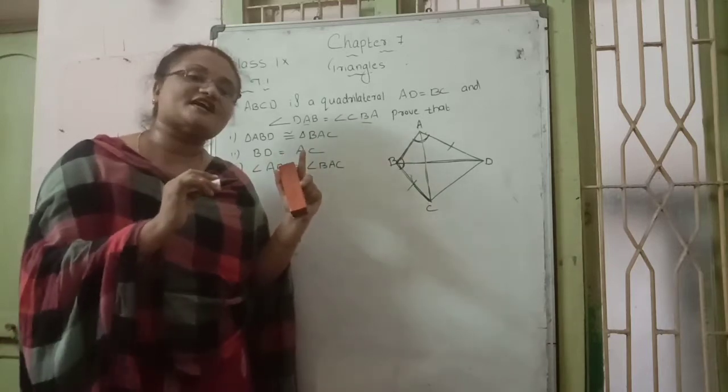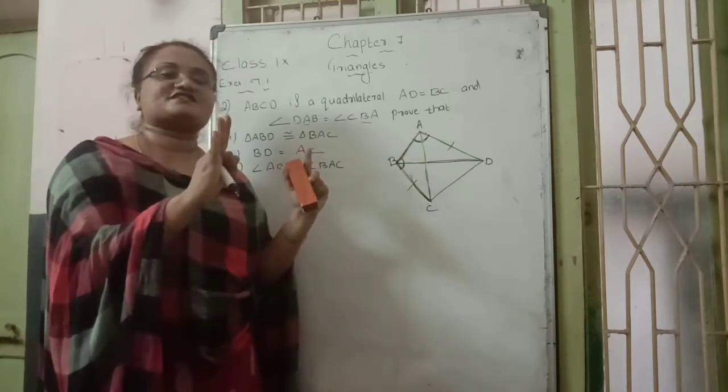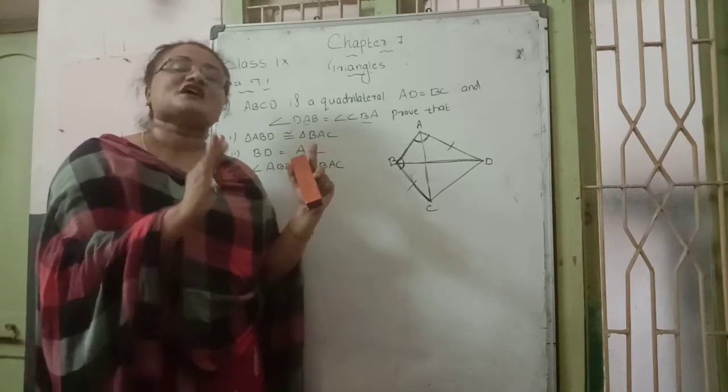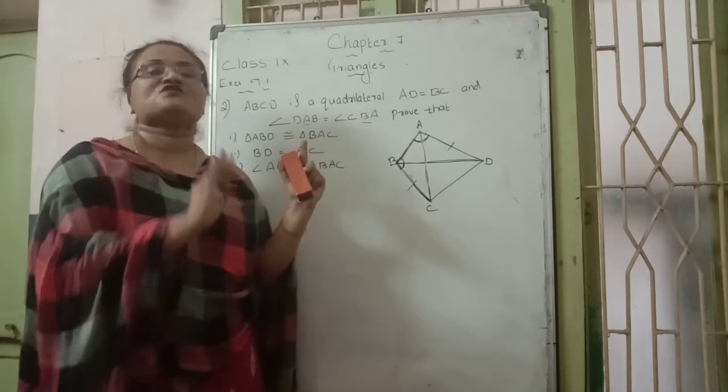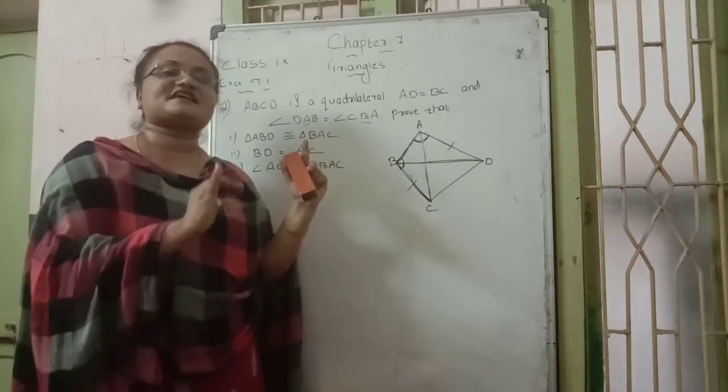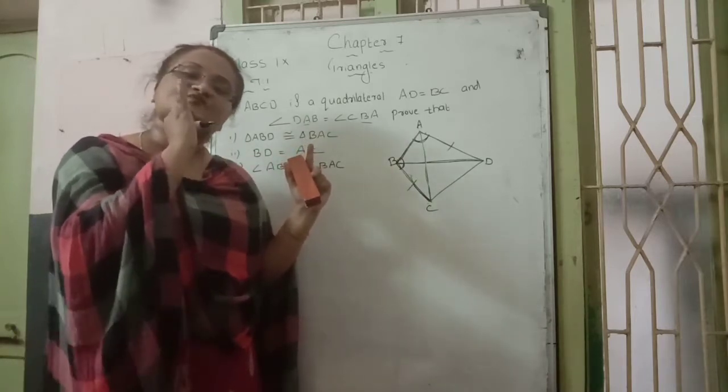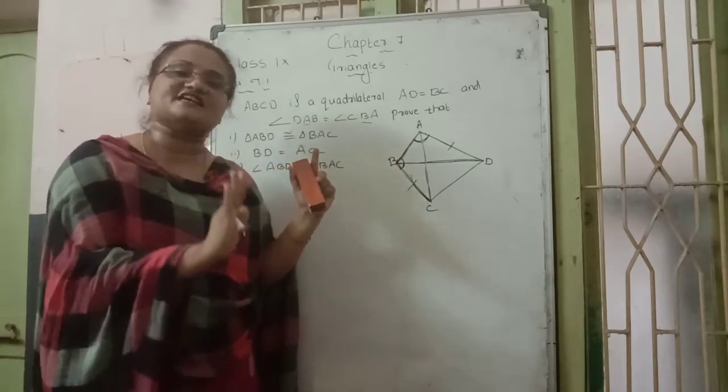How do we prove it? We require three conditions. In a triangle, how many elements are there? There are 6 elements: 3 sides and 3 angles.